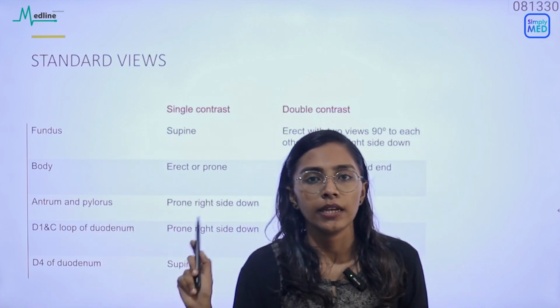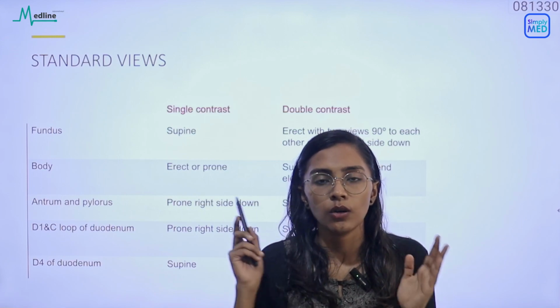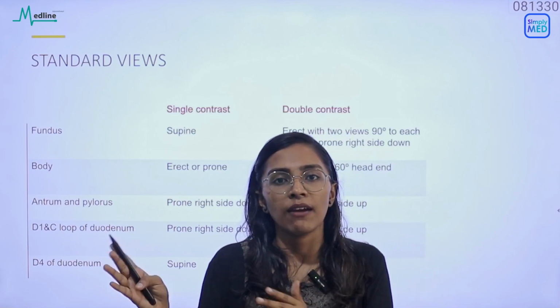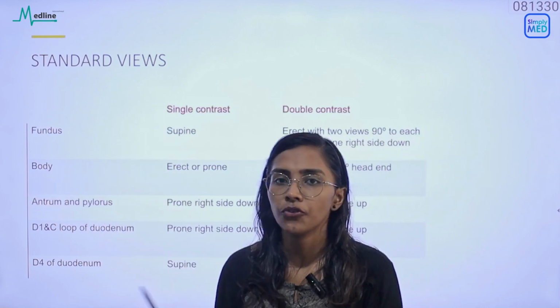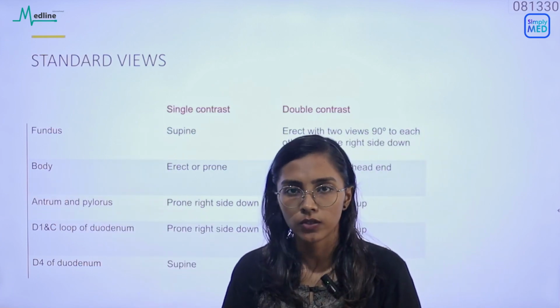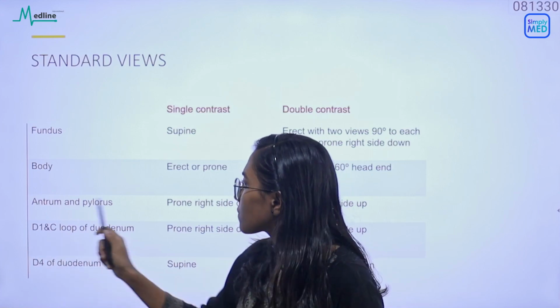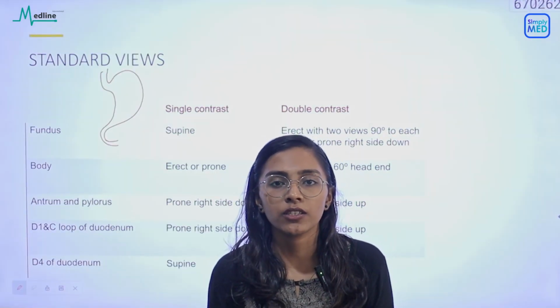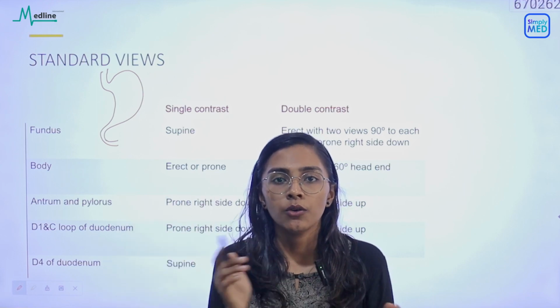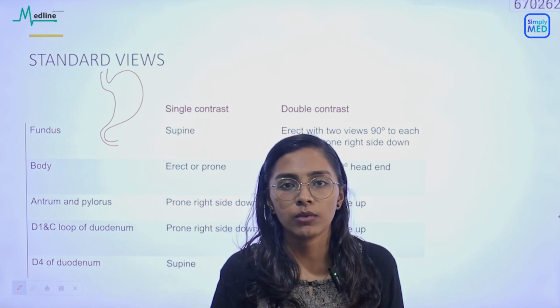Now, for each part there are some standard views. In order to avoid confusion, I've tabulated that here. Let's come to the most important part of today's topic, that is the standard views for both single contrast and double contrast study.